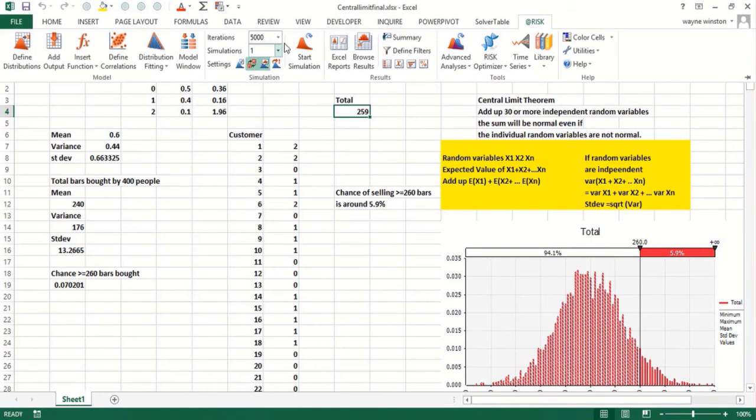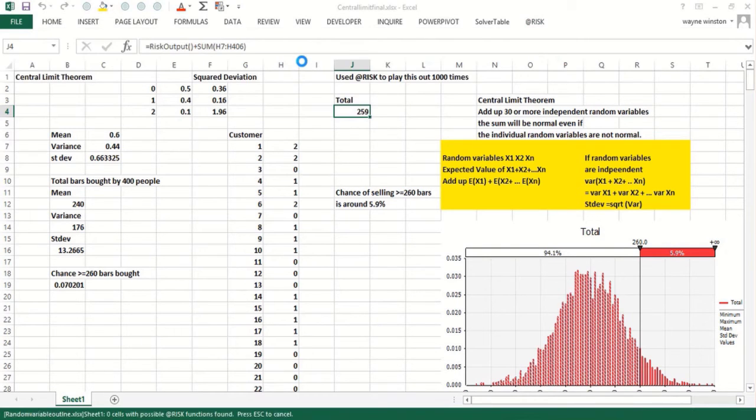All I have to do is tell this great add-in @Risk by Palisade Corporation. Go to palisade.com if you want. Okay, I can run this 1,000 times, and it should run pretty quickly.